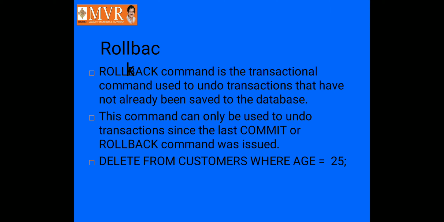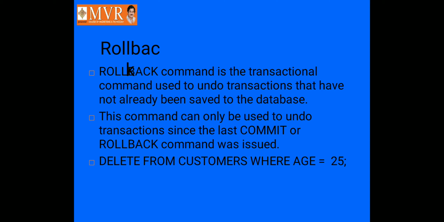So previously I already told you in the previous slide, if you use the rollback or the commit command, the last commit and the current rollback will go back to the save point, the commit location. So in between the commit and now, whatever transactions we do, all will go back to the save point.